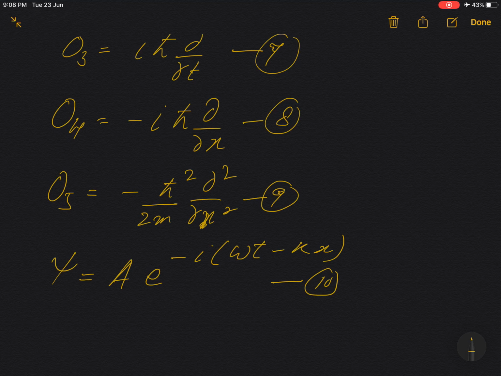It contains its omega, which will be connected to energy, and its k, which will be connected to momentum, and it's having its position and time. It's very simple. If somebody asks you to come to college and doesn't mention the time, x will be there, but time is not there. If somebody says come at 12 o'clock, but doesn't tell you the location.